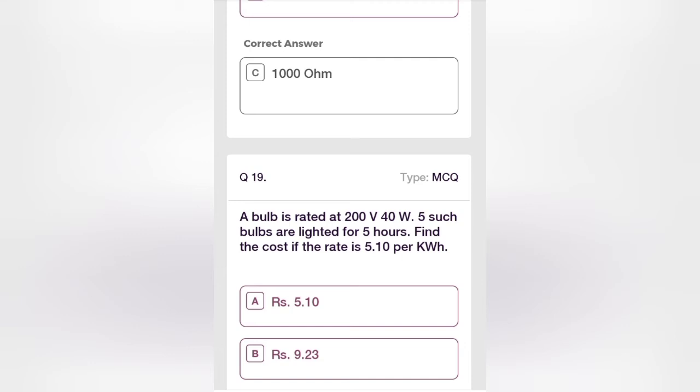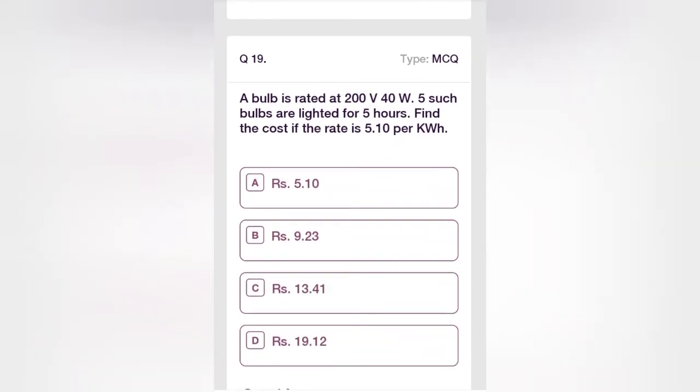A bulb is rated 200 volt 40 watts. 5 such bulbs are lighted for 5 hours. Find their cost if the rate is 5.10 per kilowatt hour. So here 40 watts, 5 such bulbs we need to take, so 40 into 5.